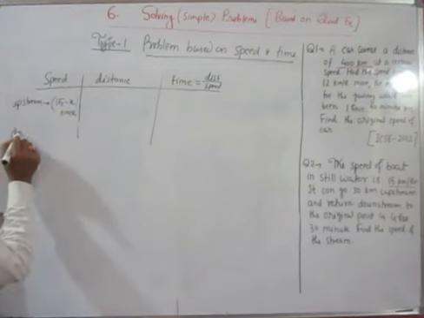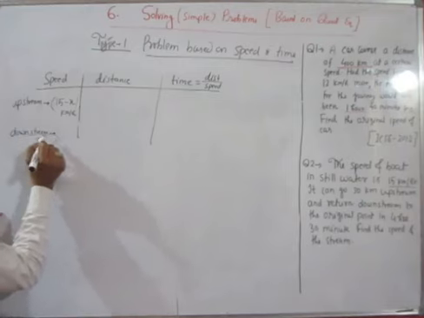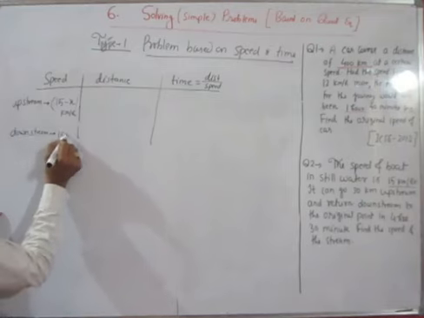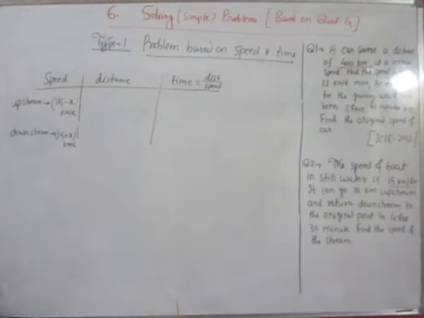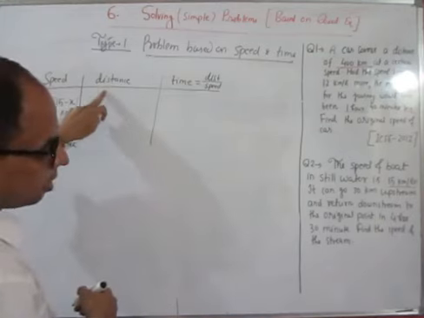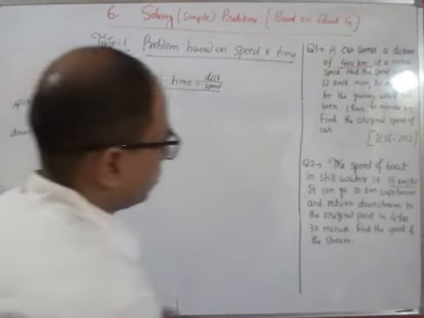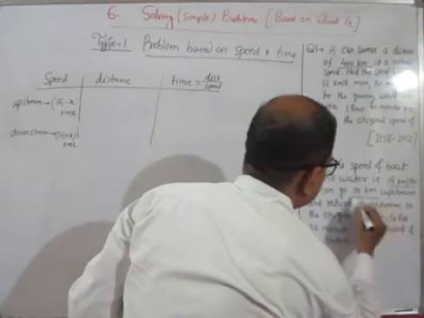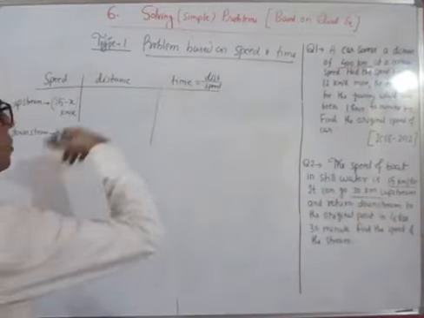Now in the downstream, the speed is 15 plus x kilometer per hour. In the downstream, speed will increase. Now, what is the distance covered? The distance covered is 30 kilometer upstream and 30 kilometer downstream.